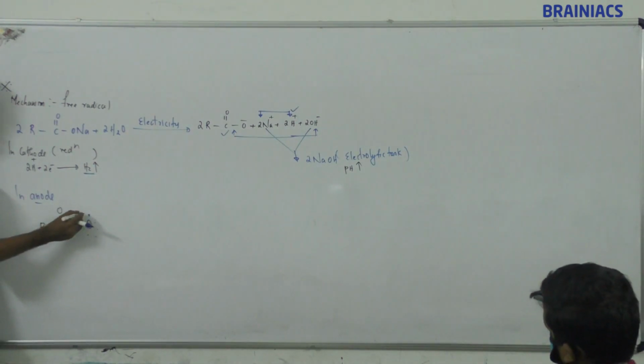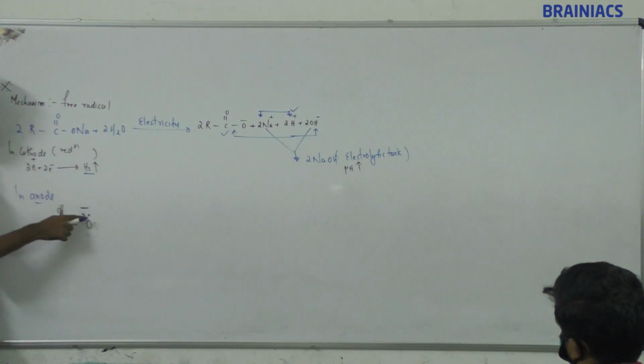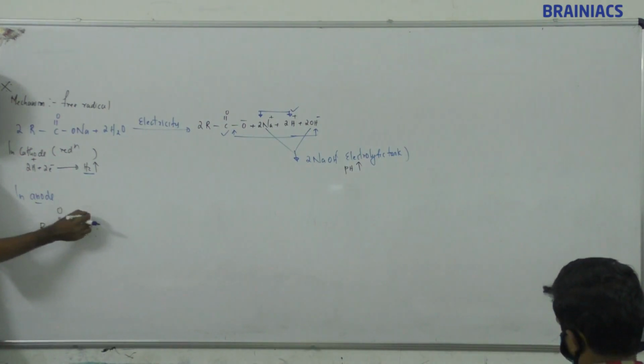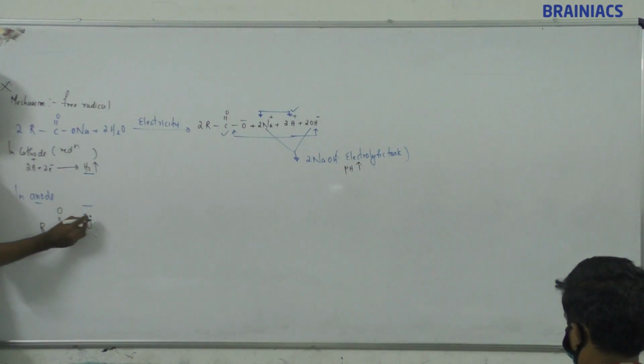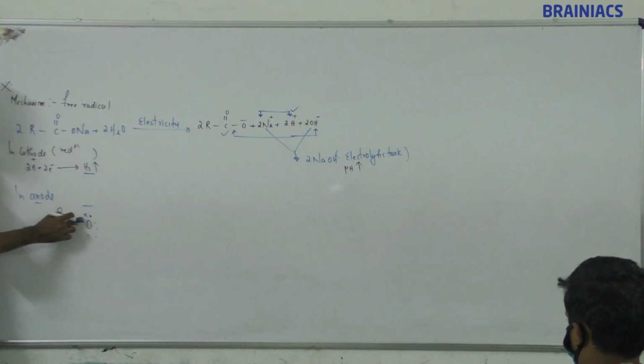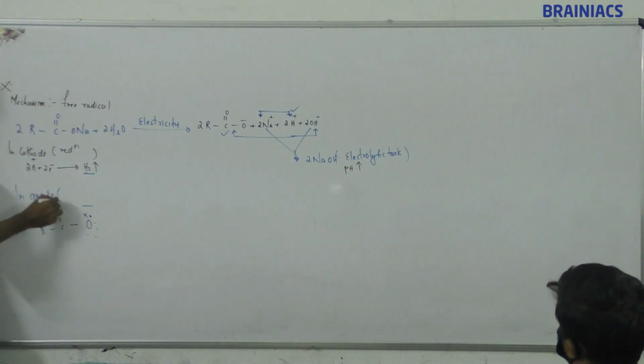In addition to that, if one more electron comes from outside, then the species is said to be RCOO minus, right? RCOO minus means in addition to the 6 electrons of oxygen, there is one more electron from outside. Then only the species becomes RCOO minus. Okay, so this is the anode.